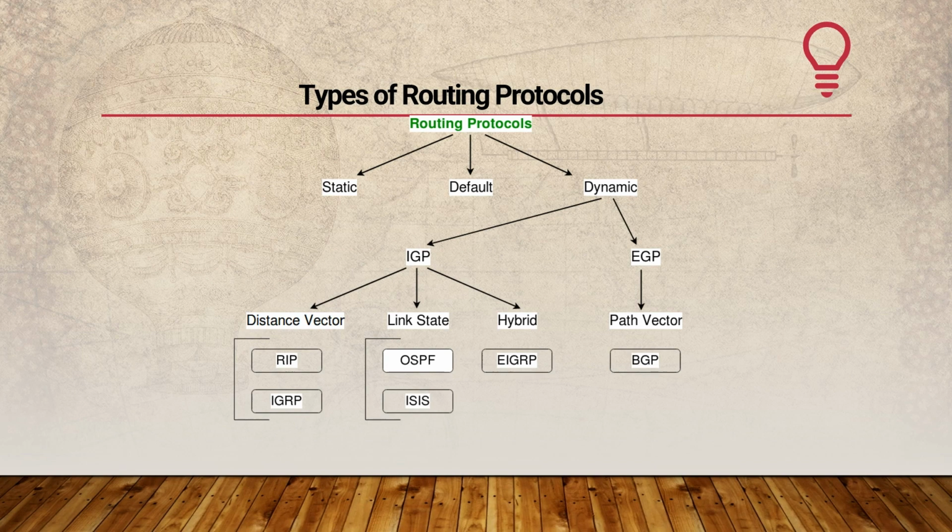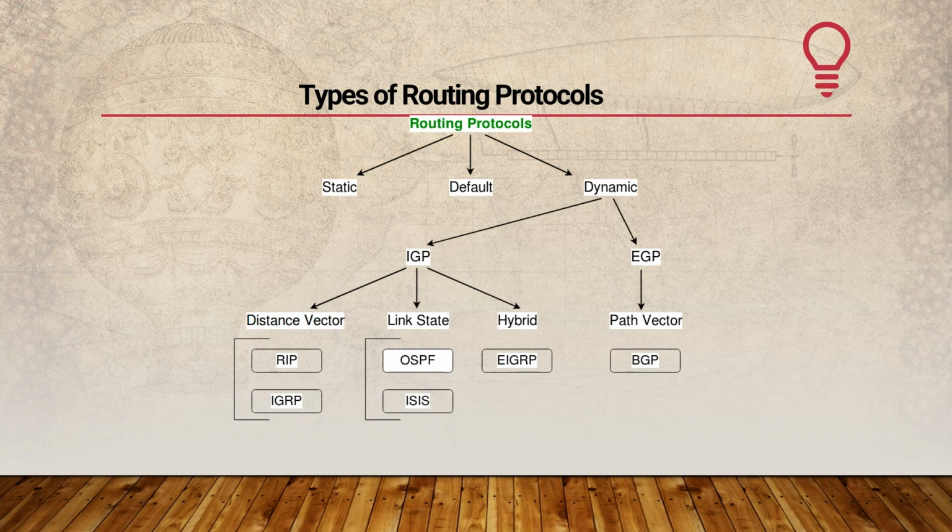The default route is also similar to the static route. There is no other option; you have to go in this particular way only. The static route and default route are more or less the same. We are manually telling it that to reach a destination you have to go via this path. We are enforcing that. But dynamic protocols are not like that.